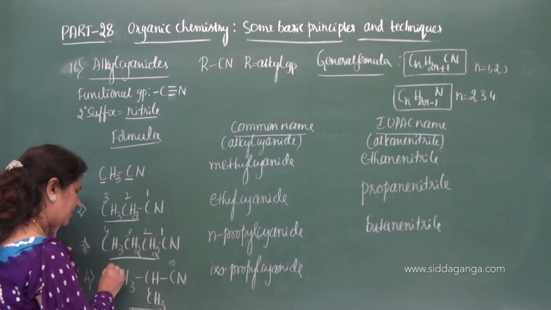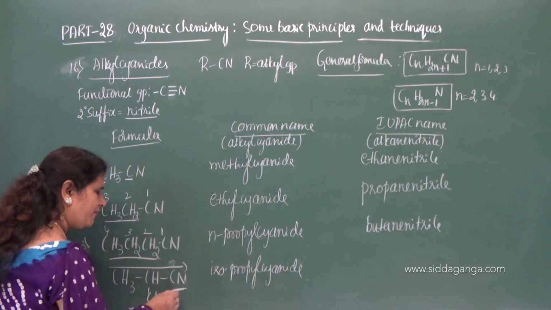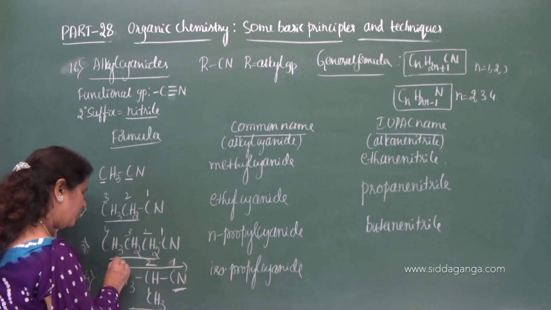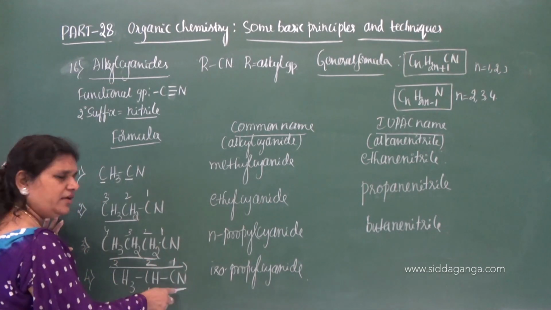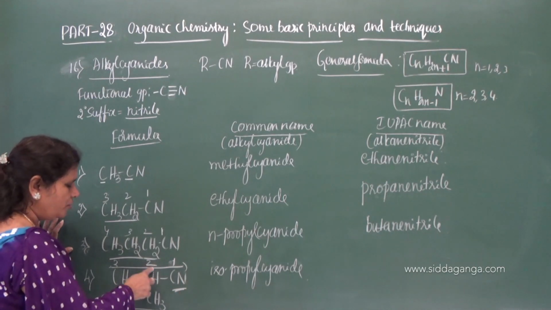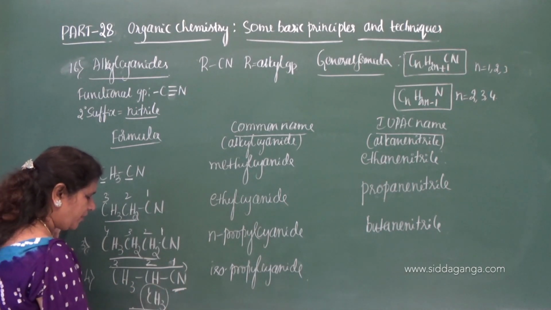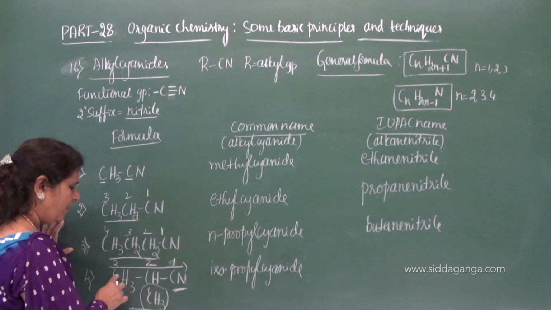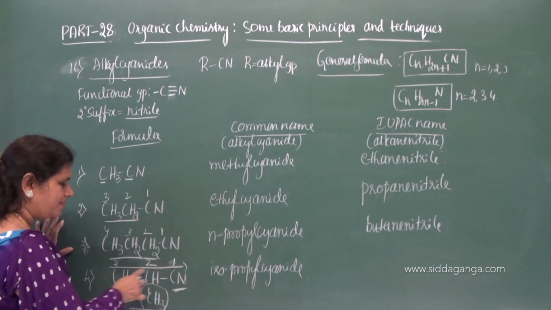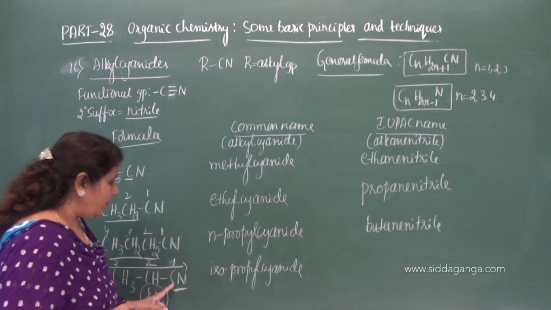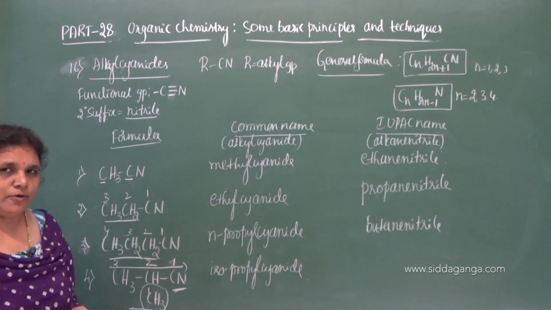And what is the IUPAC name now? You have to select the chain containing the functional group: 1, 2, 3. Substituted nitrile here, 2-methyl. This becomes a substituent group now, 2-methyl propane. 3 carbon atoms in the selected chain, including the carbon atom of the cyanide group. Clear?